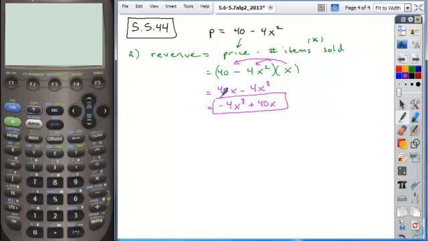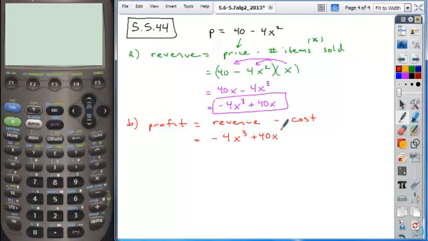Now the second part asks you to identify the profit. Profit is going to be the revenue minus the costs to produce the items. So we take this expression, negative 4x cubed plus 40x.